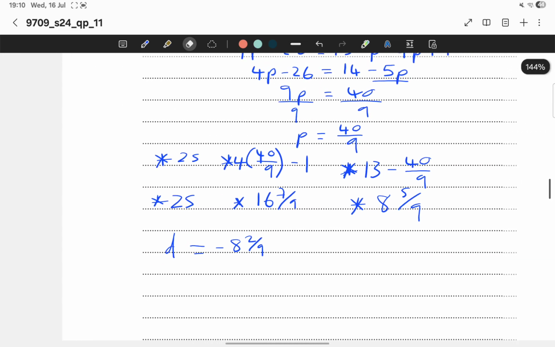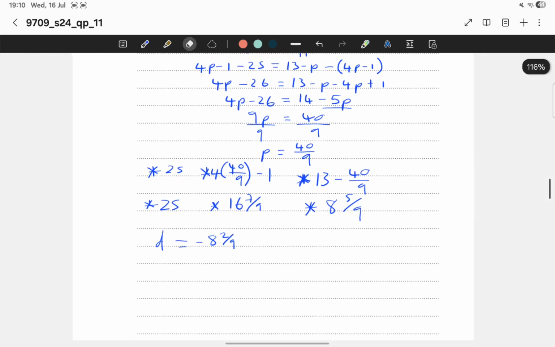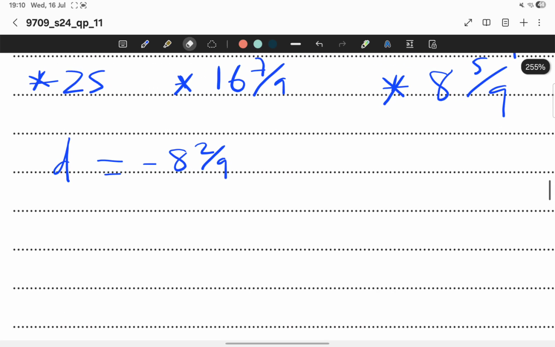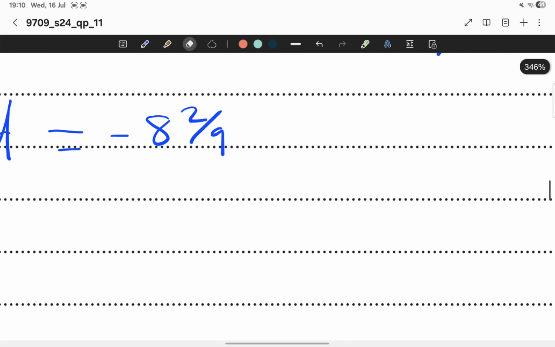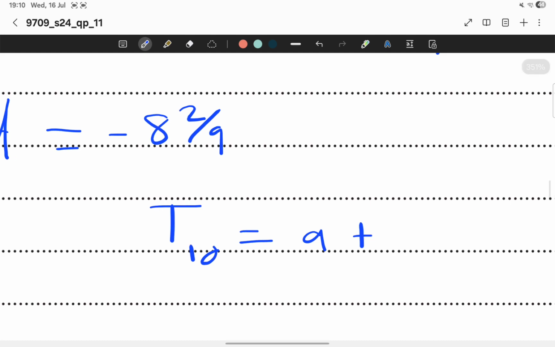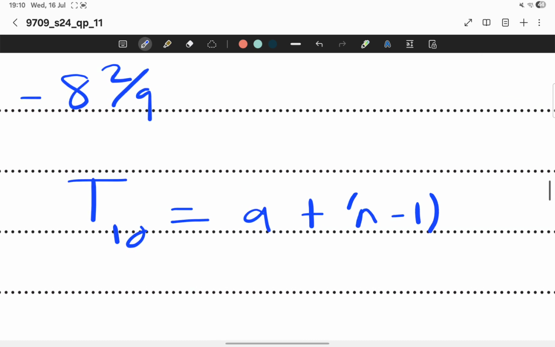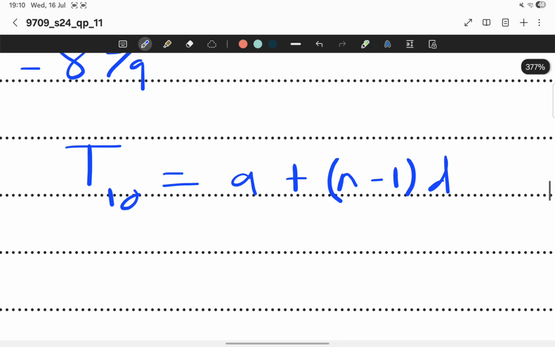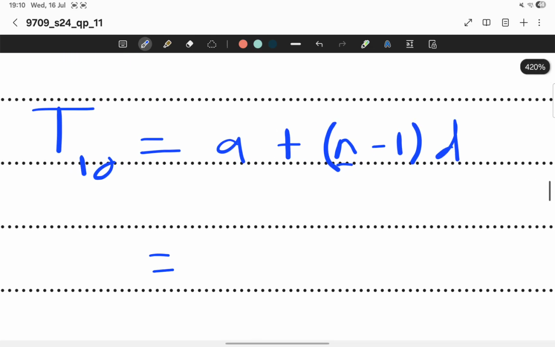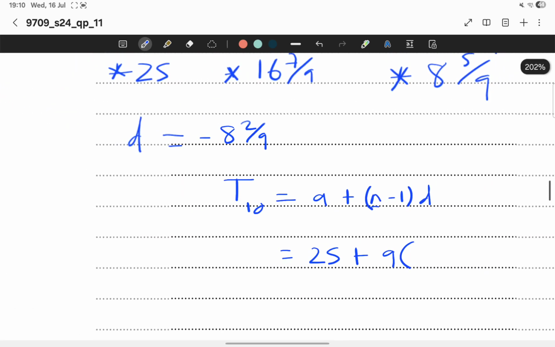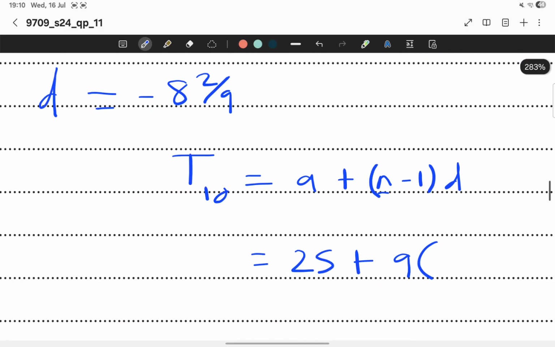So we only need one. And for us to get the 10th term, we will use this formula, which says T10 equals a plus n minus 1 d. And since n is 10, we will say a, which is our 25, plus n minus 1, that's 10 minus 1, 9, and d is minus 8 and 2 over 9.